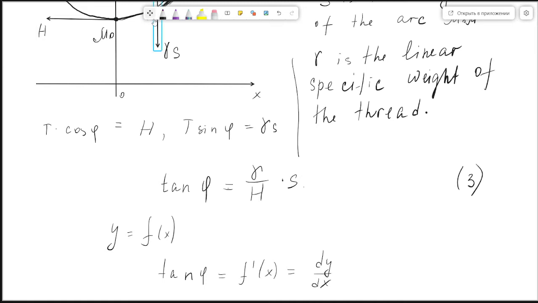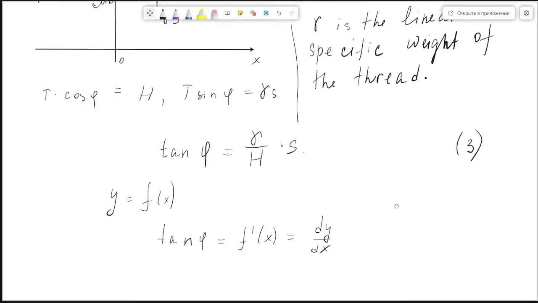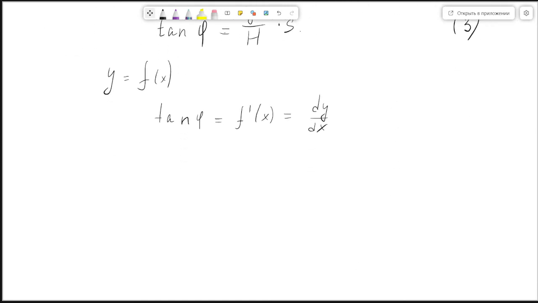Hence, dy over dx equals 1 over a times S. Formula 4, where the ratio H over gamma is denoted by a.